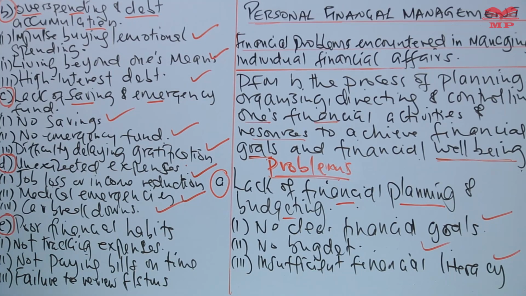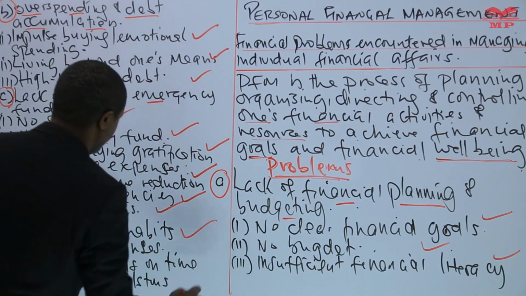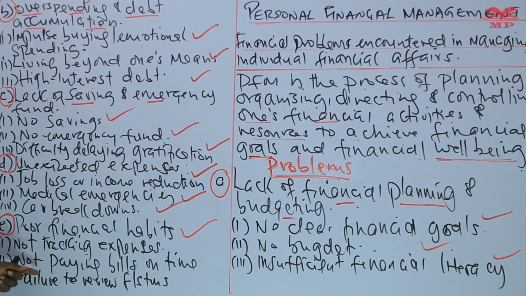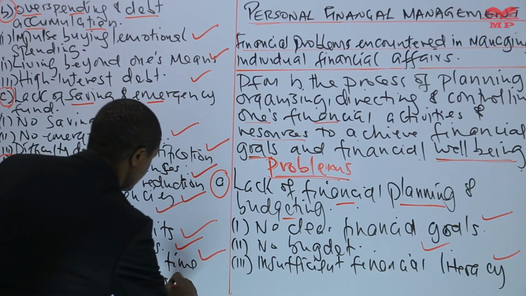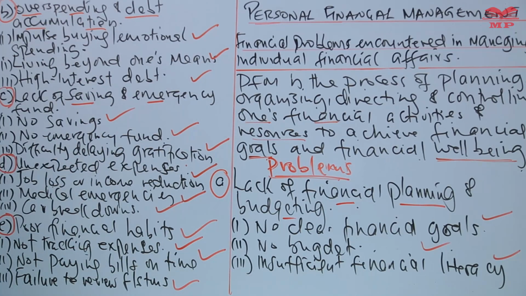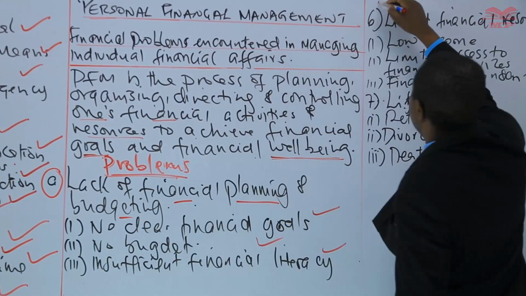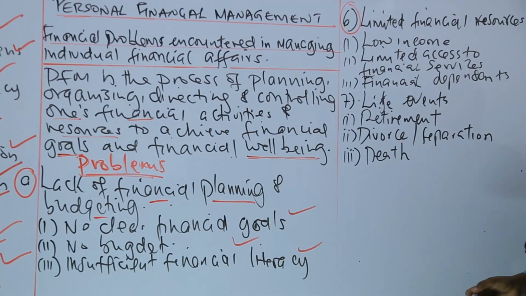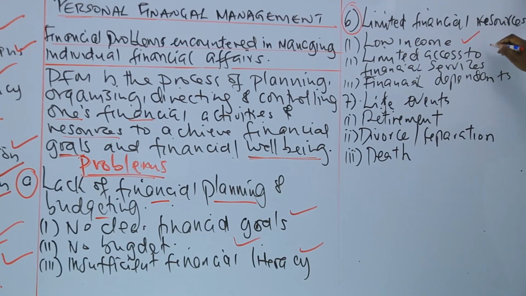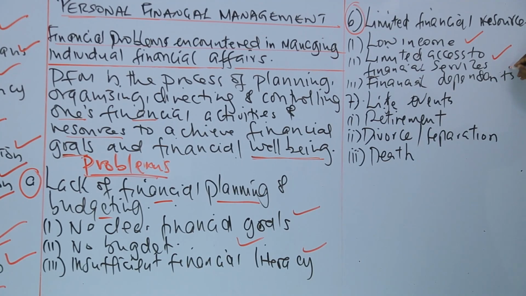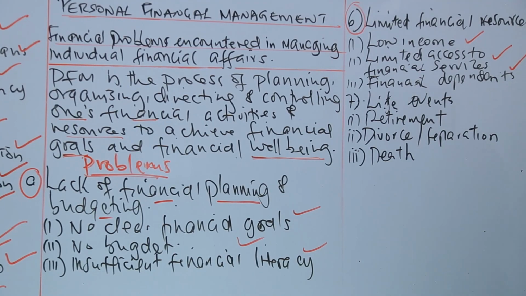Category number 5, poor financial habits, like not tracking expenses, not paying bills on time, failure to review financial statements. Category number 6, limited financial resources, like having low income, limited access to financial services, then having many financial dependents.